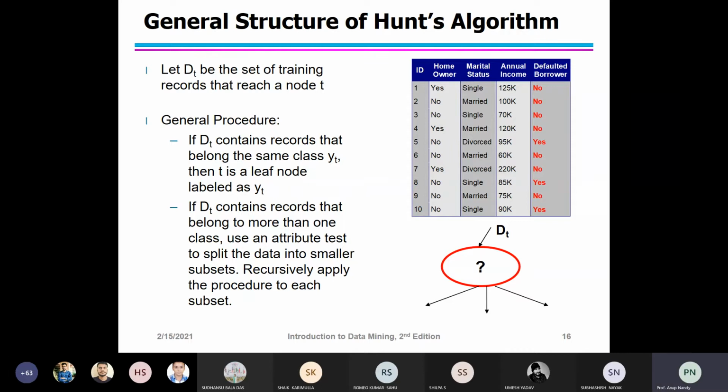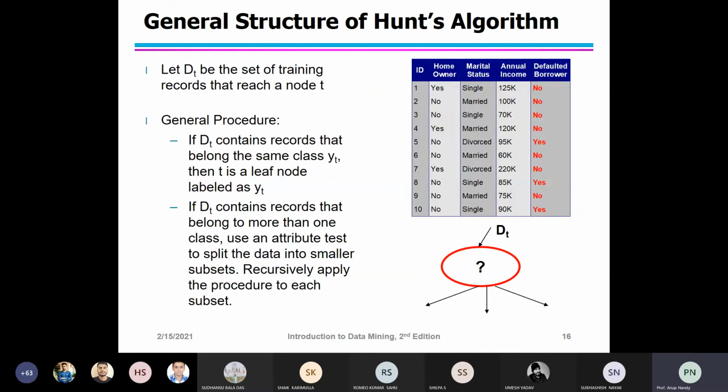So you have to check whether all records belong to the same class or not. If all records belong to the same class, there is no need to split the node again. Another way you can think of is that there is a splitting criterion: if all the records belong to the same class, or if the records have different attributes.